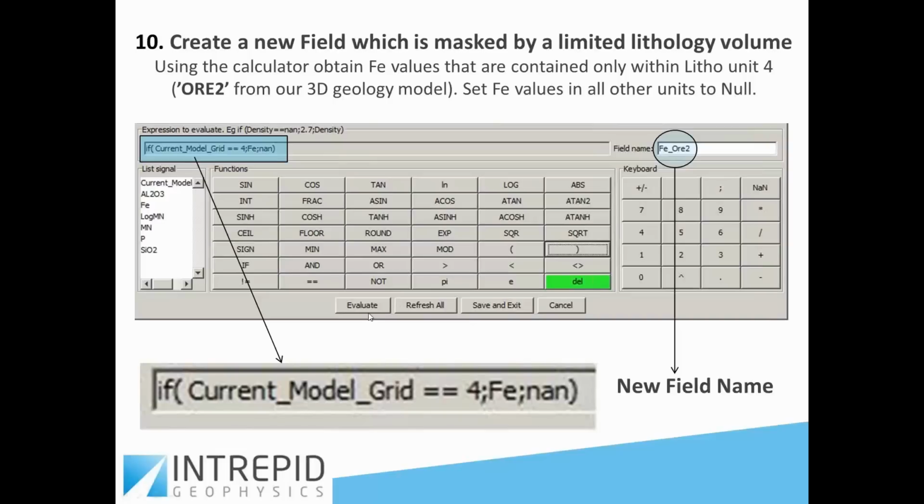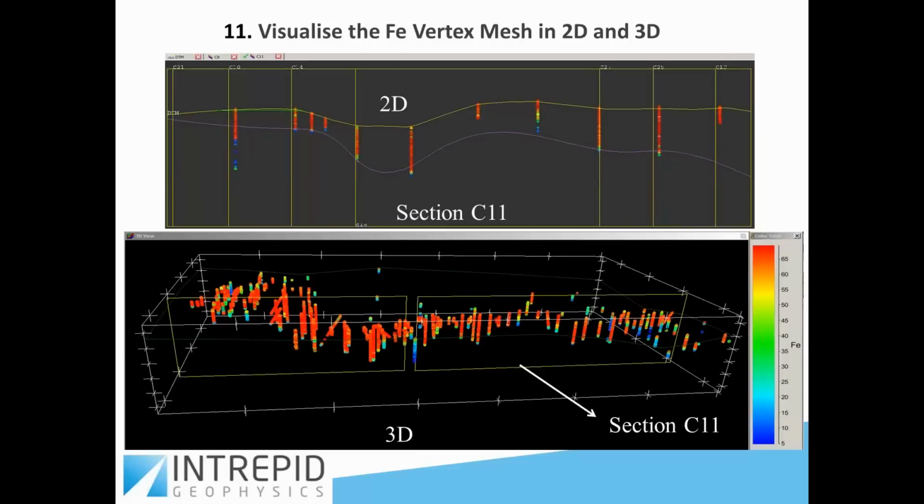The choice then is to evaluate and then save and exit from the 3D calculator. Next, we are able to visualize the result of our new iron vertex mesh in 2D and in 3D by doing a projection to a section, in this case in the upper view, and down below we have the 3D model of the same.